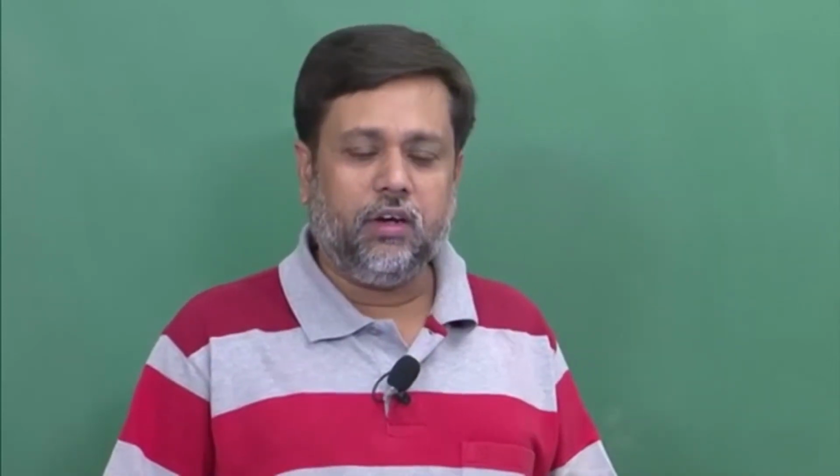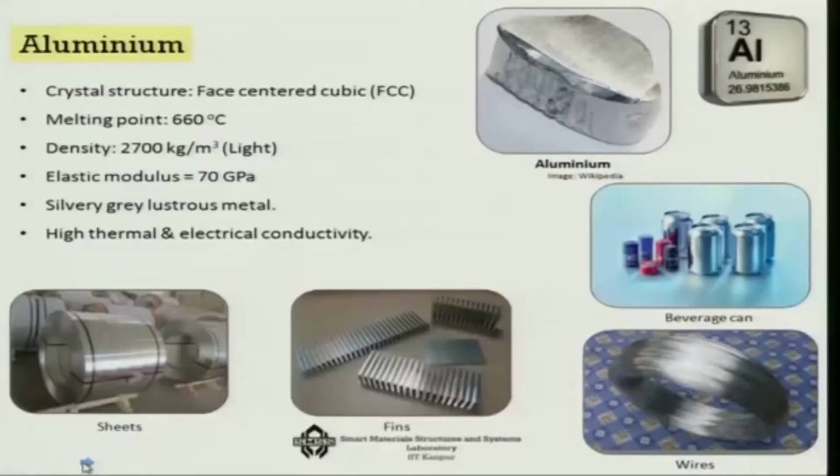It was not well known till about the end of the 19th century, when aluminium became a highly fashionable material. In fact, during Napoleon's regime in France, aluminium was used as ornaments. That is how the journey of aluminium started, but people very soon understood its importance for transport materials: making sheets, radiation fins, wares, beverage cans, there are many applications.